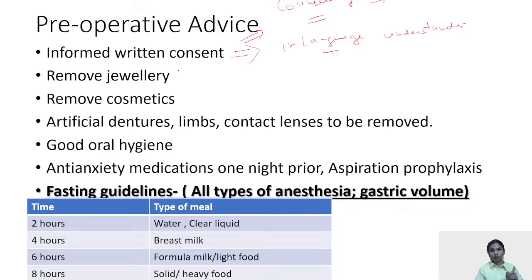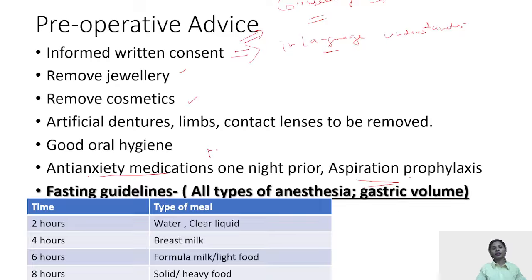Then the jewelry has to be removed, cosmetics have to be removed, all the artificial dentures, limbs, contact lenses have to be removed. Good oral hygiene has to be maintained, and there are certain medications that can be given one night prior. For example, your anti-anxiety medications or the medications for decreasing the risk of aspiration, which are aspiration prophylaxis.